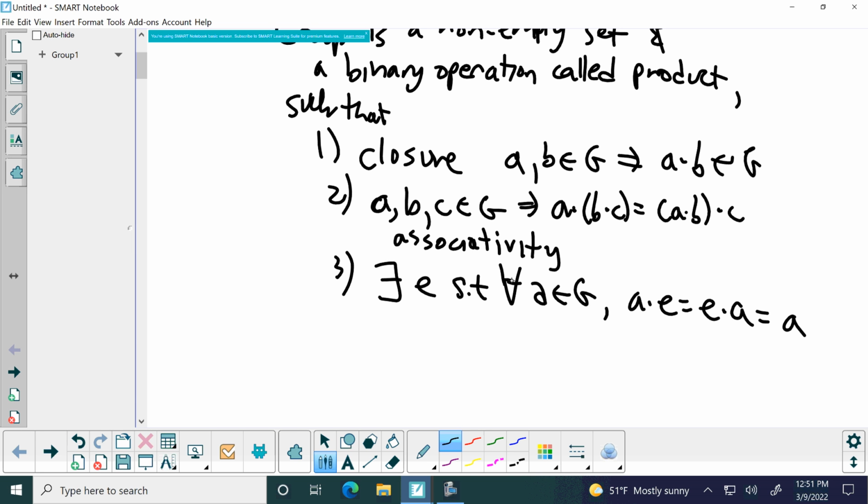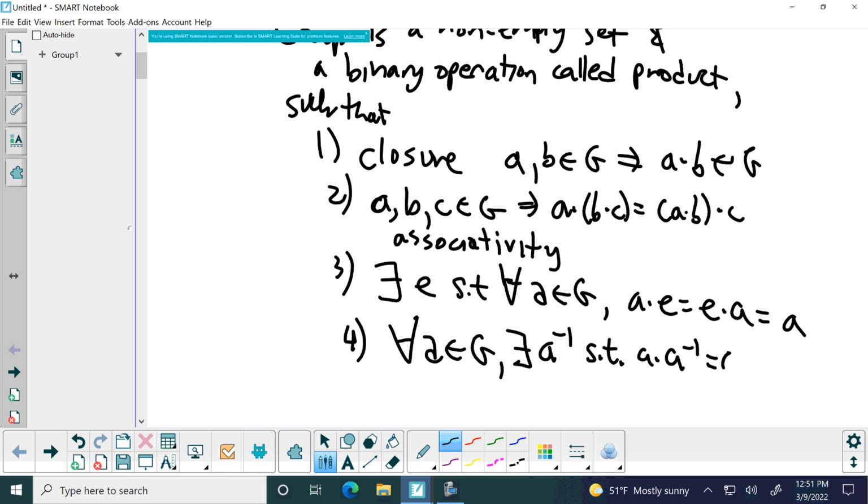Okay, and then lastly, Shritan, what's the fourth and last quality of a group? Yeah, well, you have the existence of inverses. So each element has an inverse. So for every A in G, there exists an A inverse such that A times A inverse is equal to A inverse times A, which equals E. E is the identity.